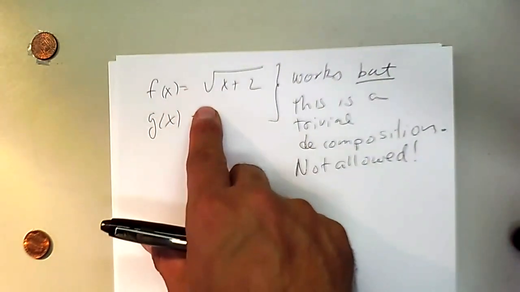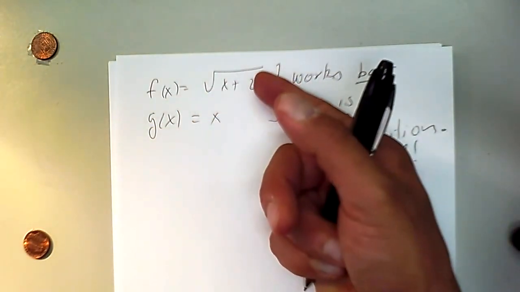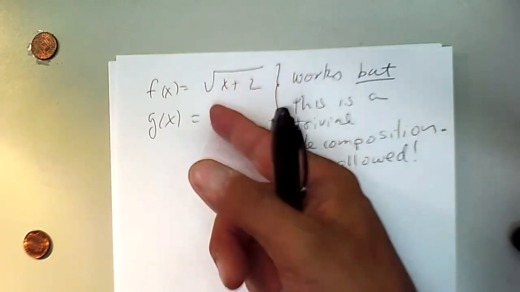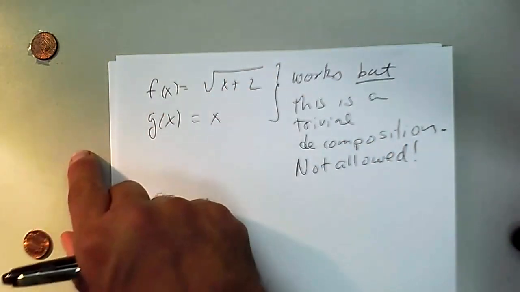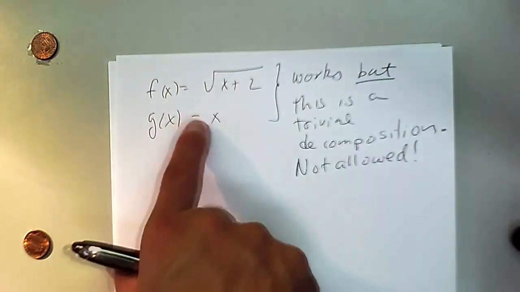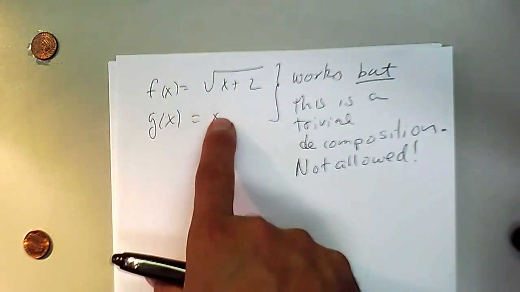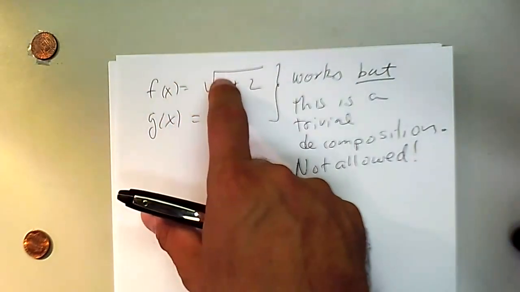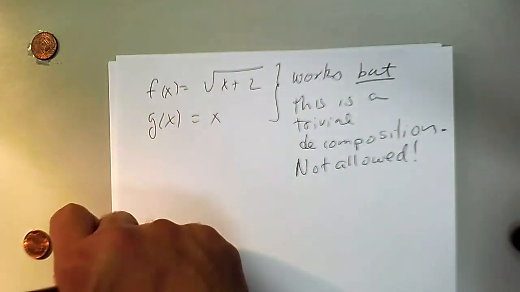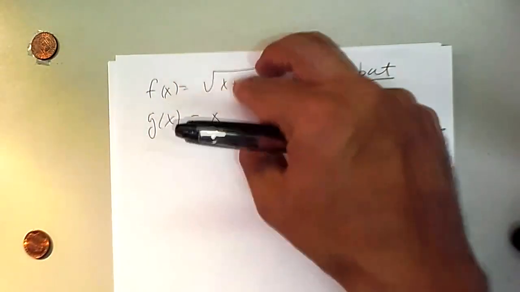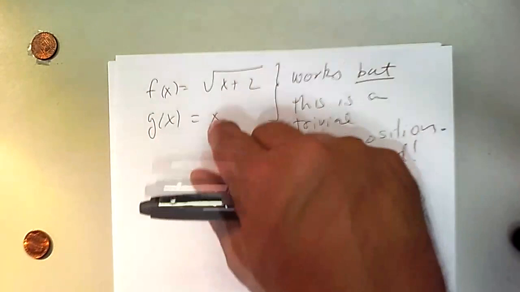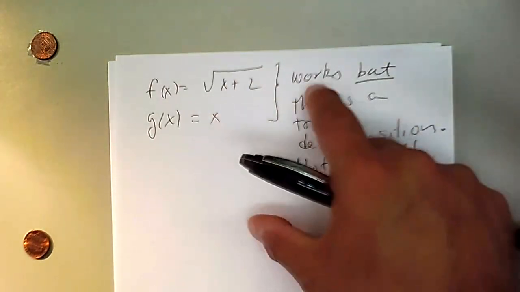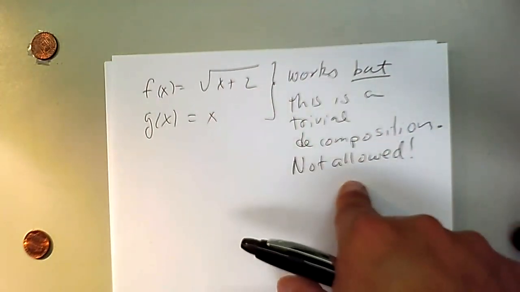So likewise, doing this is equivalent to just repeating the question back to us. We're not really breaking anything into something simpler. Yet, this is an important example to notice. If we compose with x, we end up with the original one that we compose with. And if we reverse those two for f and g, we're still going to end up with something that works, but is not allowed.